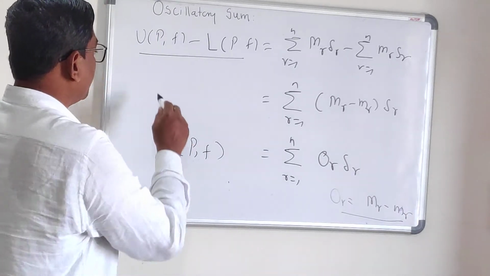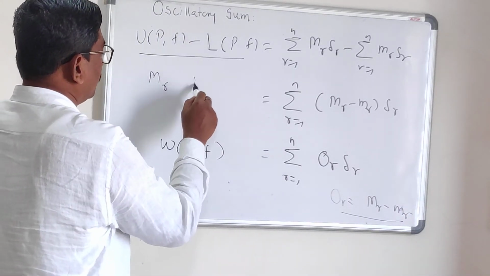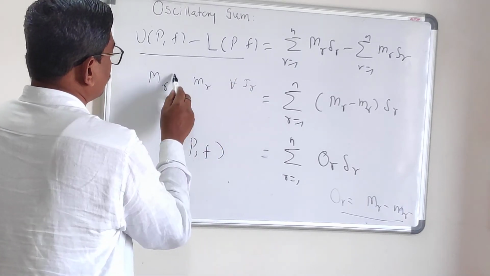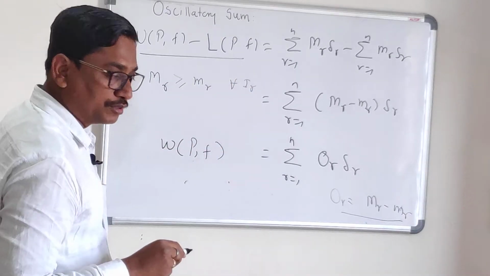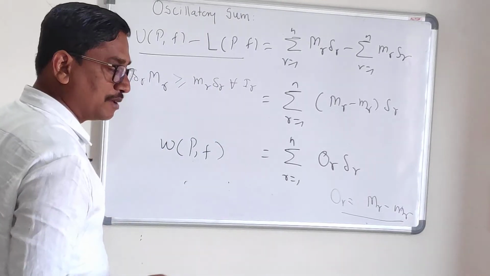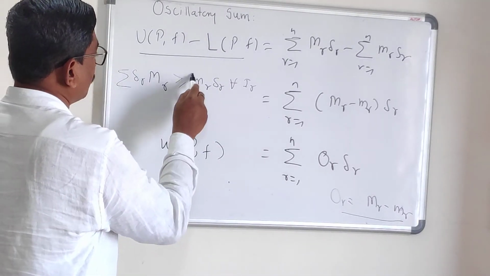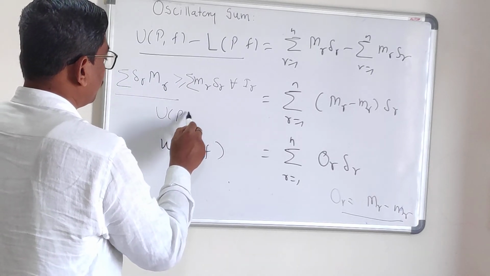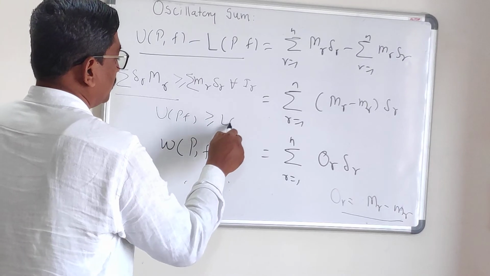And keep in mind, on each subinterval Ir, for all x, this is always going to be greater than or equal to this. If I multiply by the length of the interval, which is fixed and will be the same, and if I make the summation, this will be greater. So this sum is nothing but U(P,f) and this sum is nothing but L(P,f).